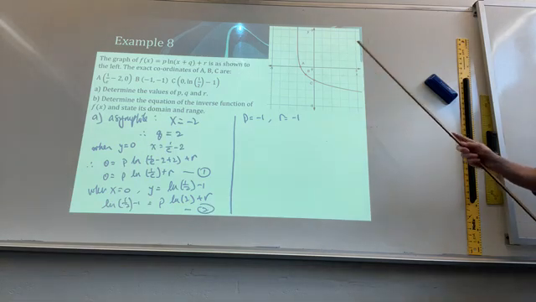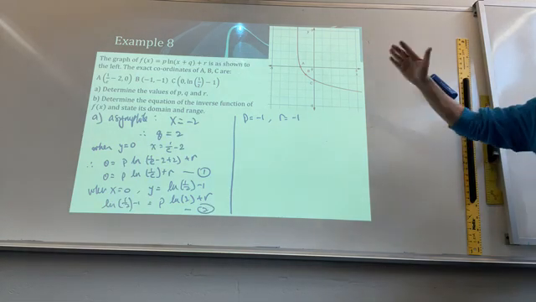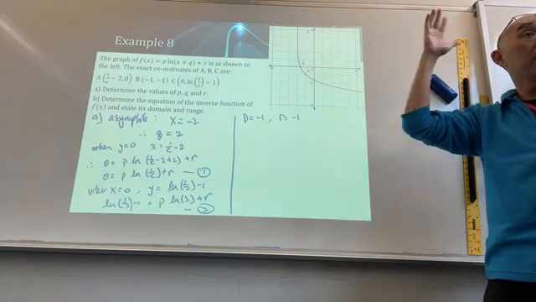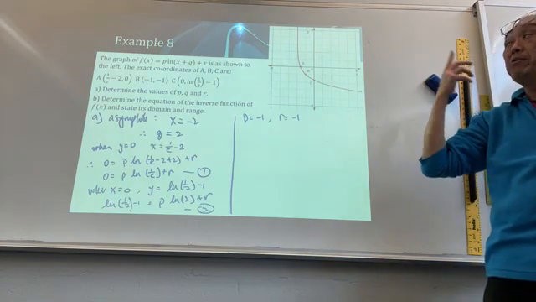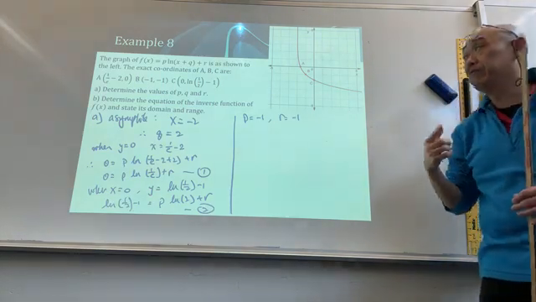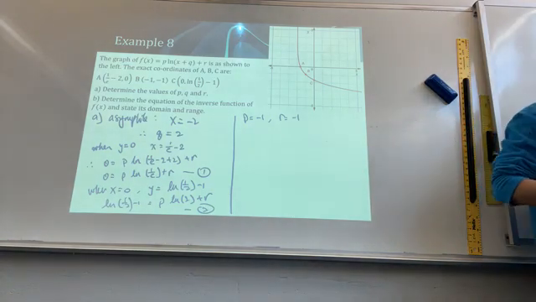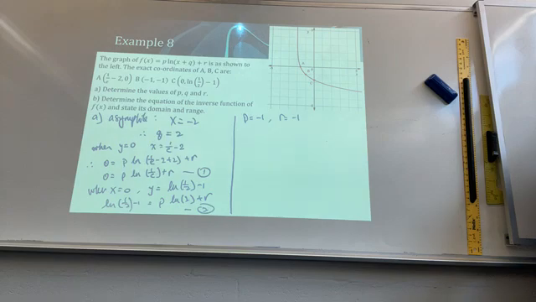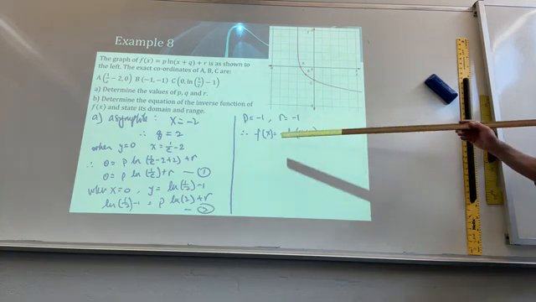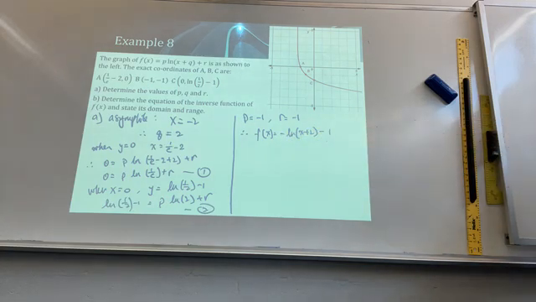You know that P cannot be positive because this is already a reflection. It has to be negative. So use your calculator, you can work out P and R. And therefore, that's the equation: f(x) equals minus ln(x plus 2) minus 1.